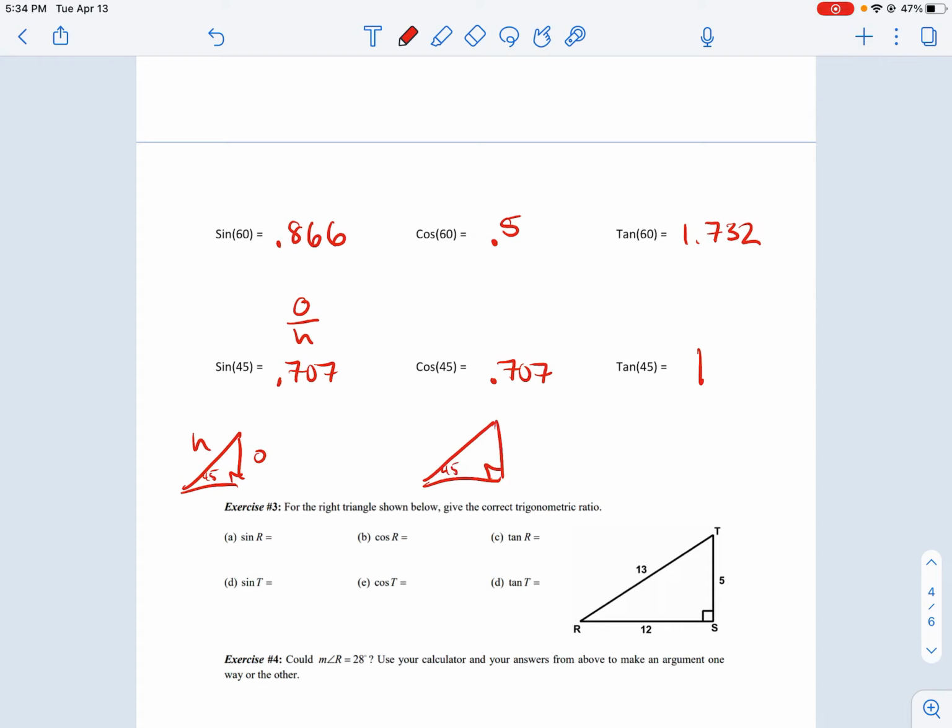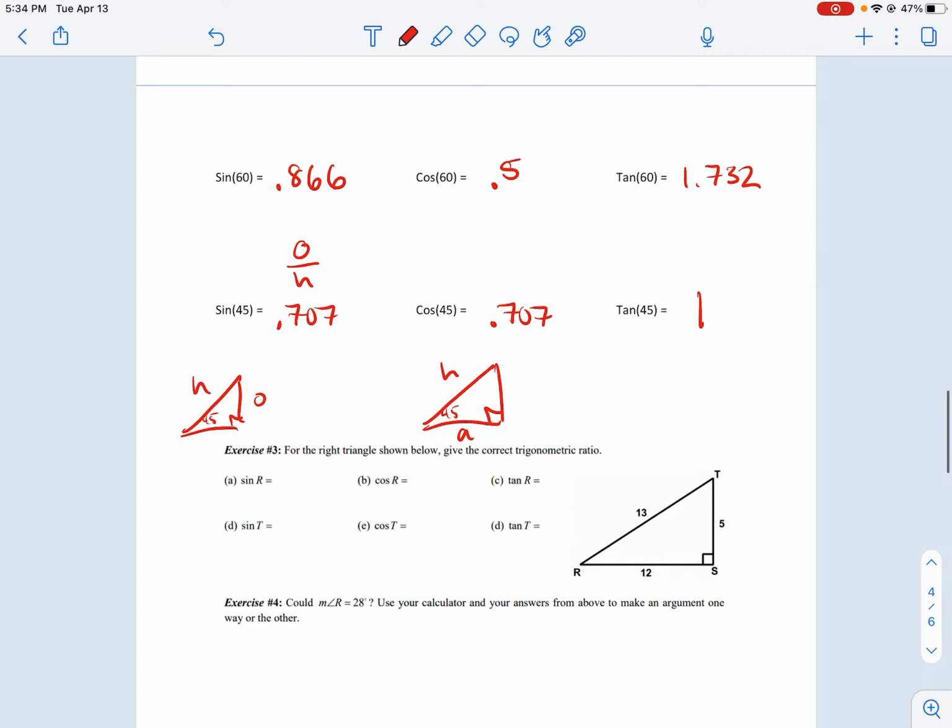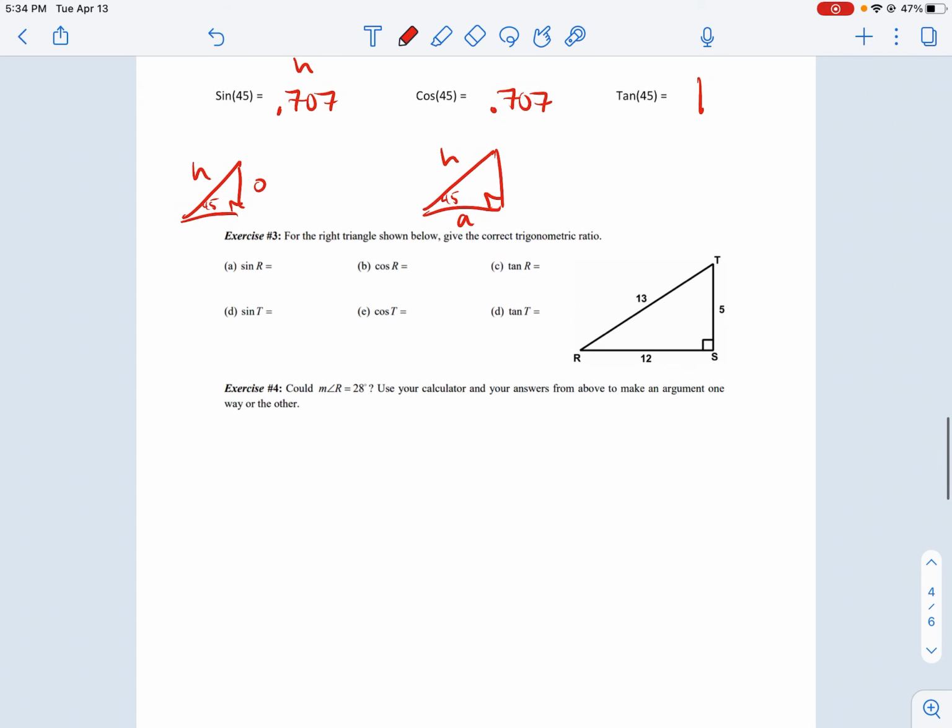So for all triangles that have a 45-degree angle there, that relationship between the adjacent and the hypotenuse leg will always be 0.707. Now, exercise 3, it says for the right triangle shown below, give the correct trigonometric ratios.